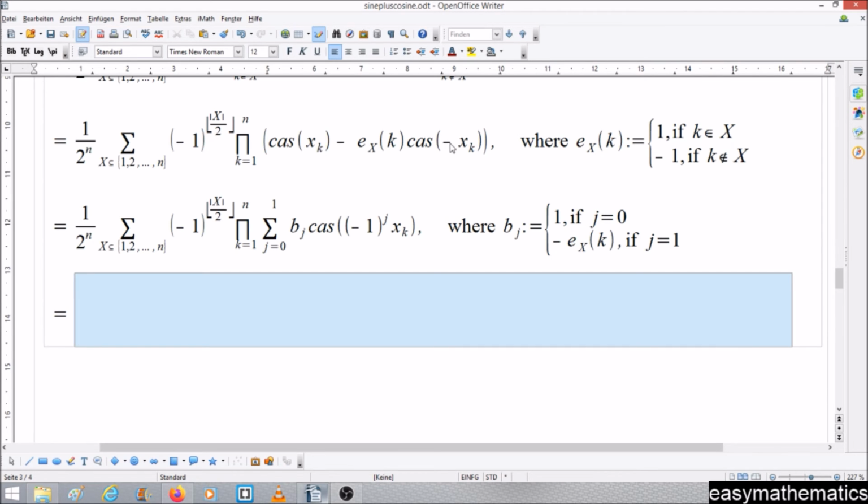And we see here the alternating sign. So we have two terms, so j runs from 0 to 1, and if j is 0 we have plus xk, and if j is 1 we have minus xk, and I write symbolically b_j for the coefficients 1 and minus e_X of k, and b_0 is 1 and b_1 is minus e_X of k. Alright.